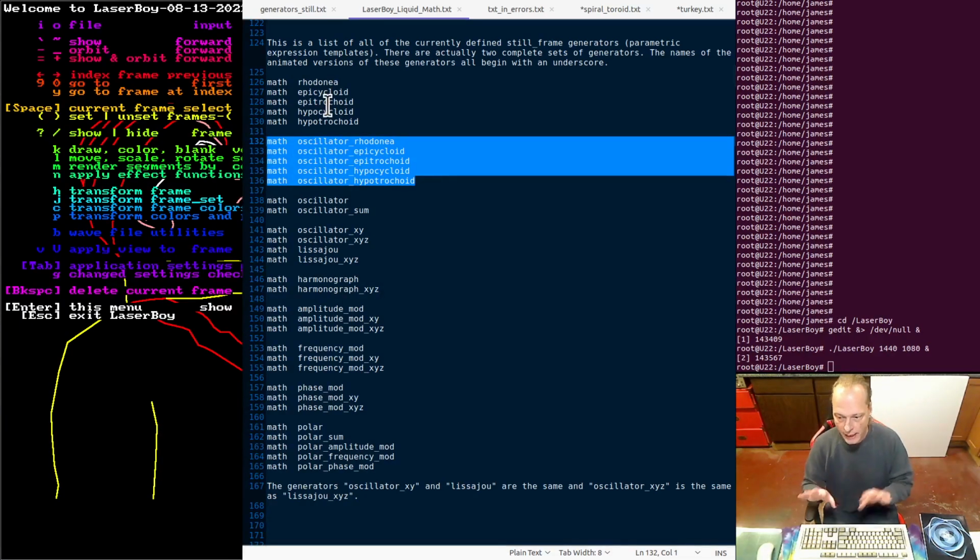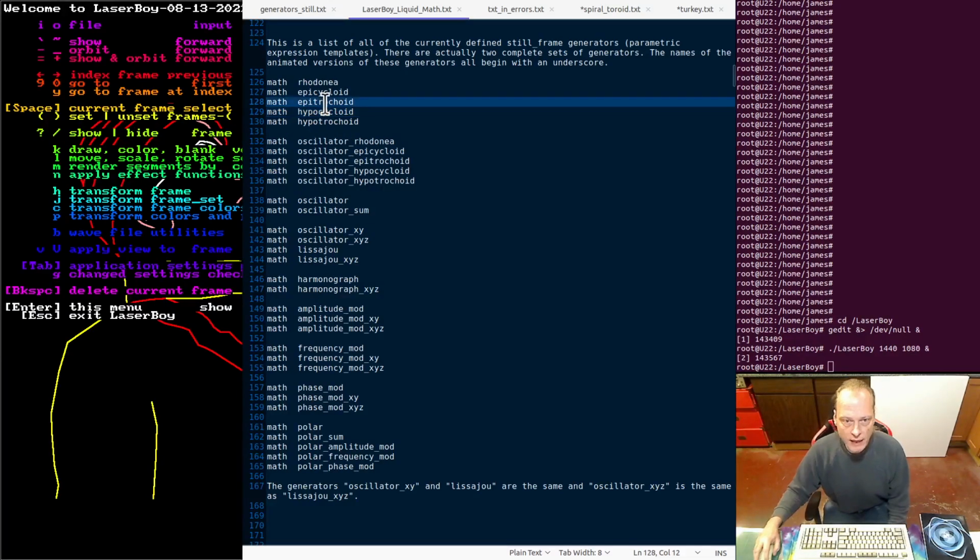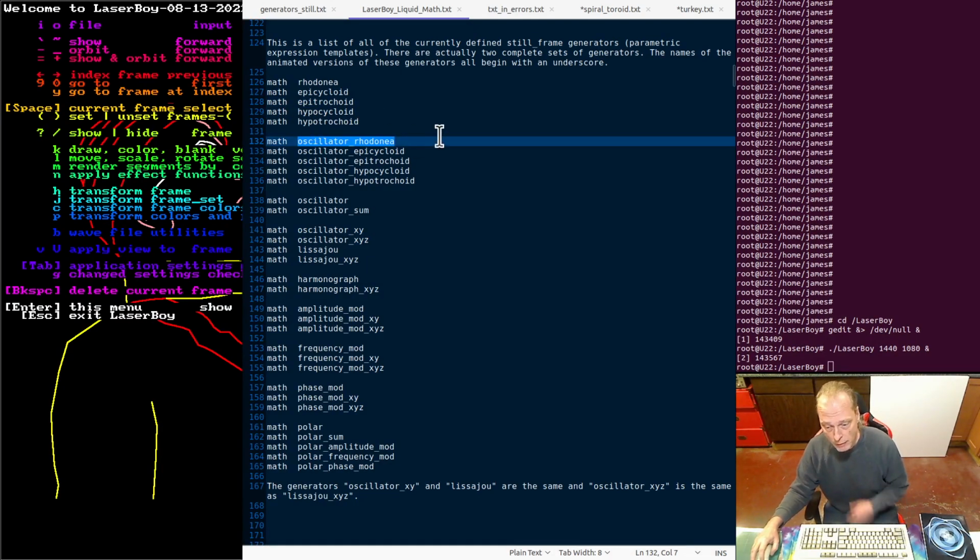So you can set the radii of the gears and all that junk, and they work exactly as they're supposed to. And then I thought, well, if I'm using sine and cosine to do these, it might be interesting to use a LaserBoy oscillator instead of sine and cosine, but set it up so that the LaserBoy oscillator by default is sine, and a LaserBoy oscillator with a phase of 90 by that change is the cosine.